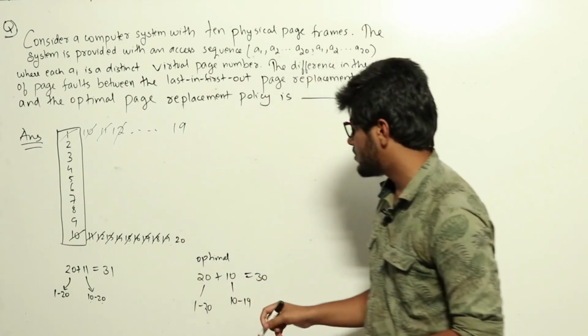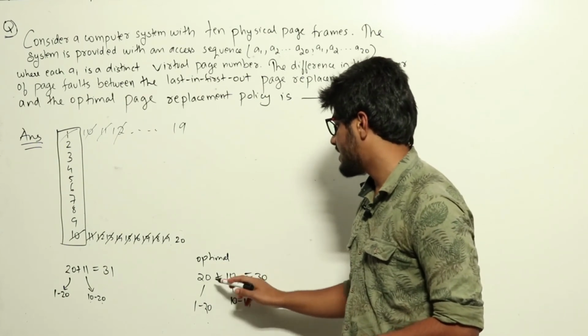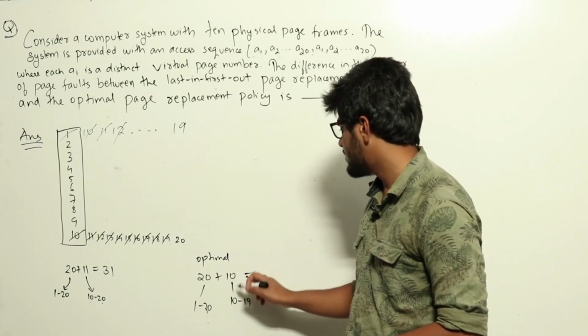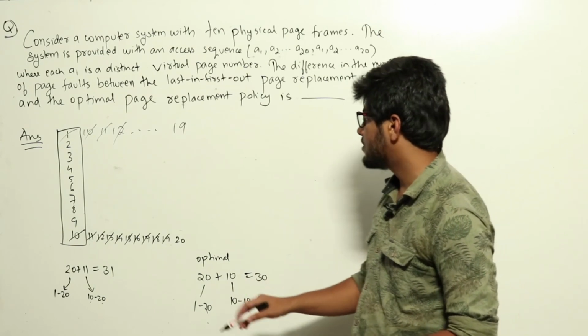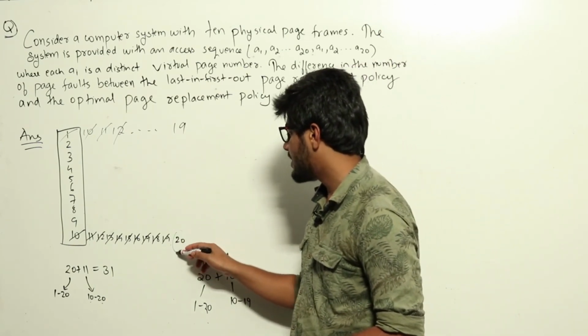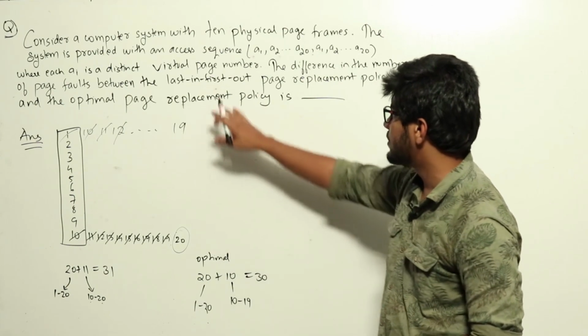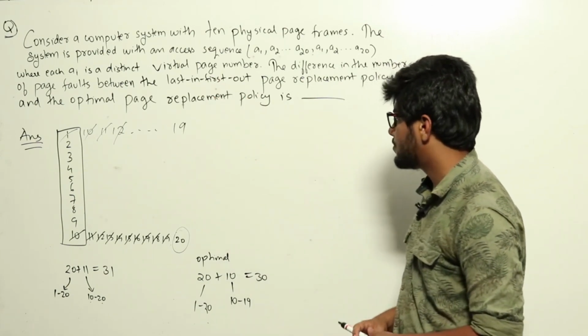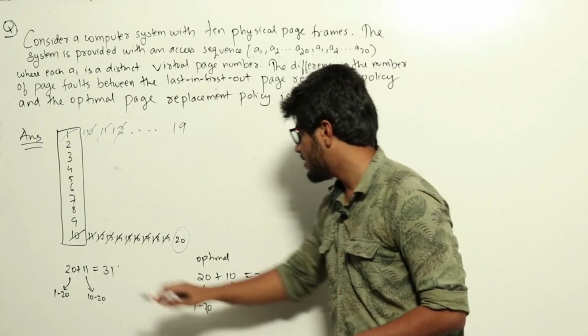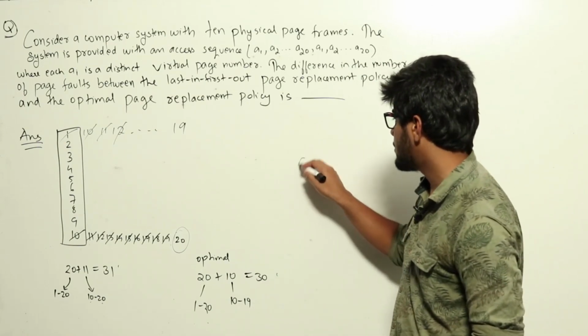So the total page faults will be 20 plus 10: 20 is for 1 to 20, and the 10 is for pages 10 to 19. The last 20 saves one page fault in the optimal algorithm compared to the last in first out page replacement policy. So the difference is 31 minus 30, which is equal to 1.